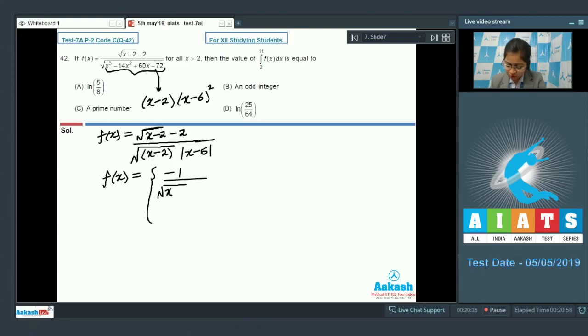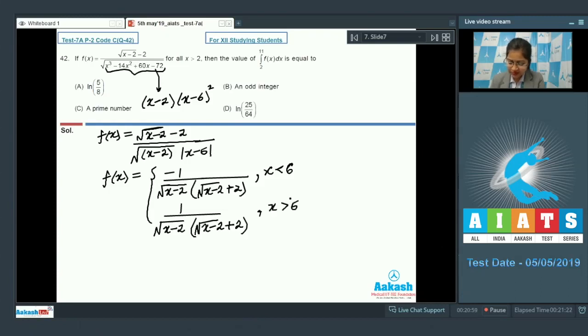-1 upon under root of (x minus 2) into (under root of (x minus 2) plus 2) when x is less than 6, and it will be equal to 1 divided by under root of (x minus 2) multiplied with (under root of (x minus 2) plus 2) when x is greater than 6. Now we have to find the integral.